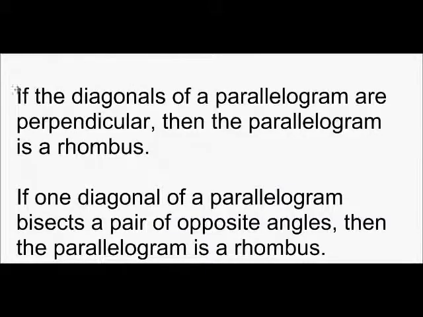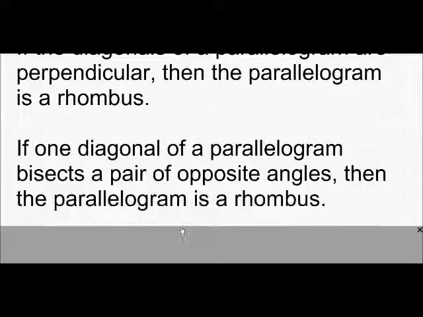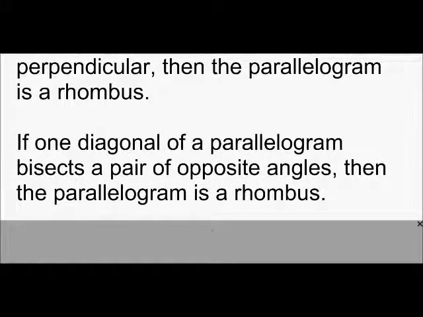Okay, these are some theorems that we're going to use in the next example. The first one says if the diagonals of a parallelogram are perpendicular, then the parallelogram is a rhombus. So this is a property we looked at before, now it's just written as a theorem. The next one says if one diagonal of a parallelogram bisects a pair of opposite angles, then the parallelogram is a rhombus.